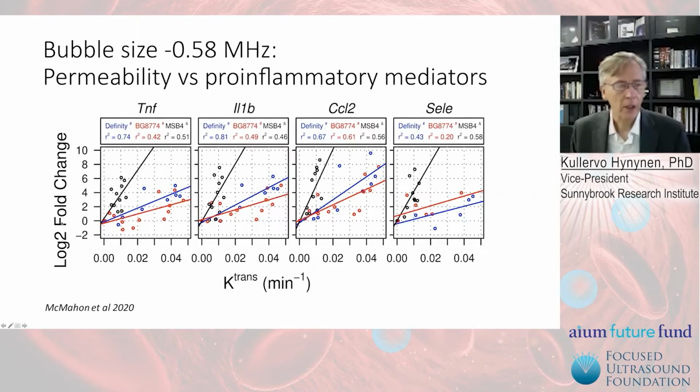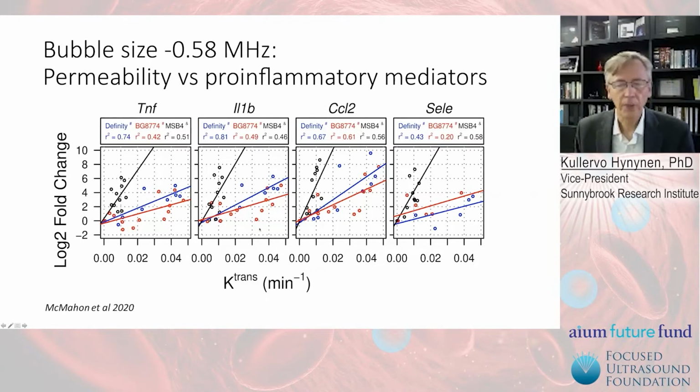Then when he looked into permeability and pro-inflammatory mediator concentrations, so here is the log2 fold change, and this is K-trans, indicating the amount of permeability change, and looking at different pro-inflammatory mediators.